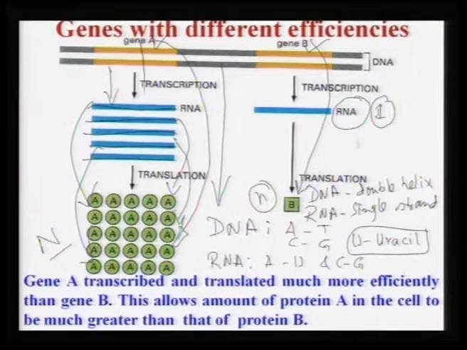From gene A, RNAs are formed by transcription, and from translation of RNA it forms a huge number of A protein molecules, but for gene B only a few B protein molecules are formed. That means gene A is highly efficient compared to gene B, or in other words gene A can be expressed more than gene B.